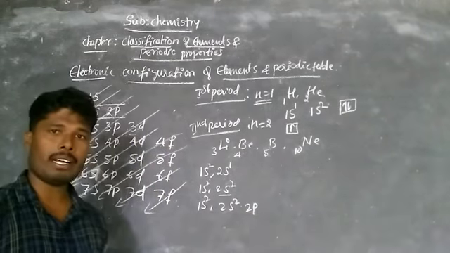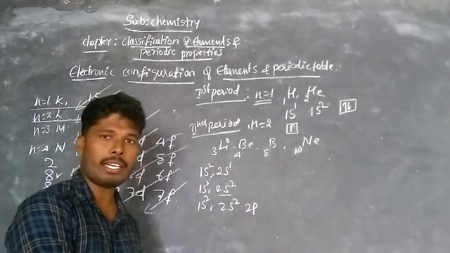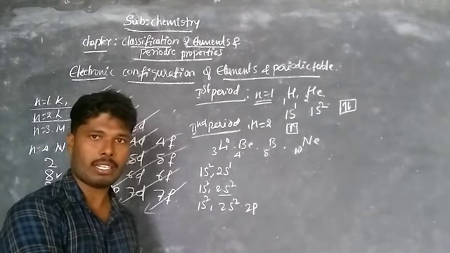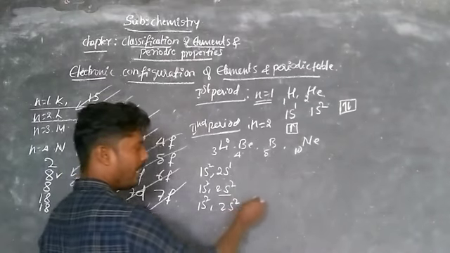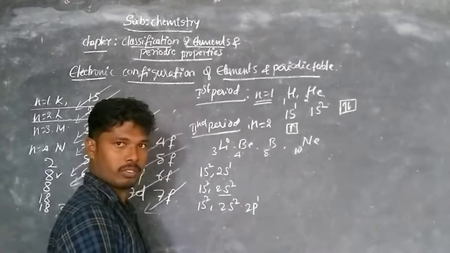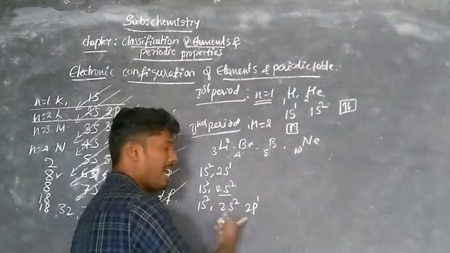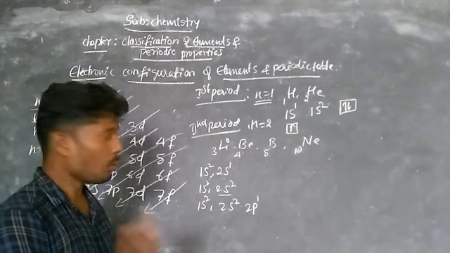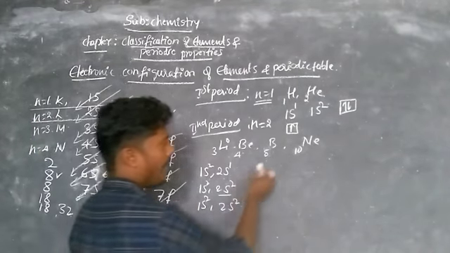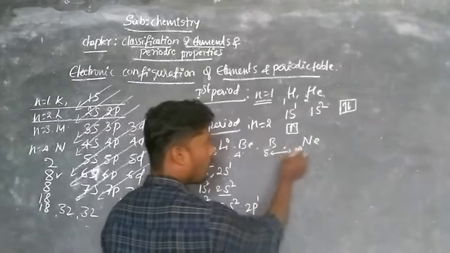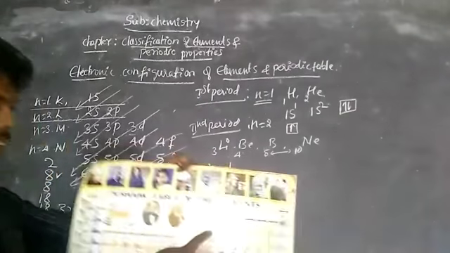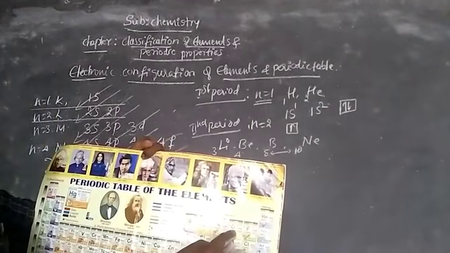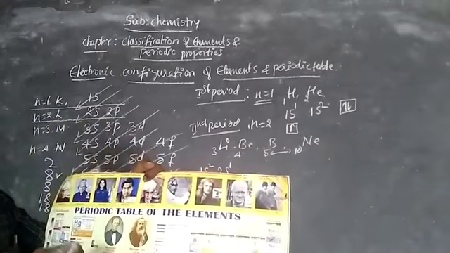The p orbitals have the ability to accommodate 6 electrons, right? So now we are filling the first electron, 1 electron. Still it has the ability to accommodate 5 more electrons. So there are 5 elements from boron to neon: carbon, nitrogen, oxygen, fluorine and neon. These are the 5 elements.